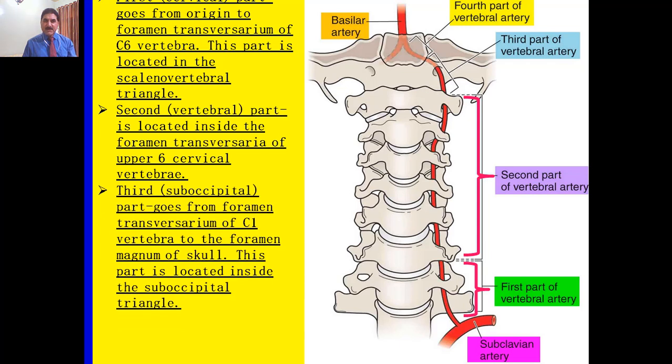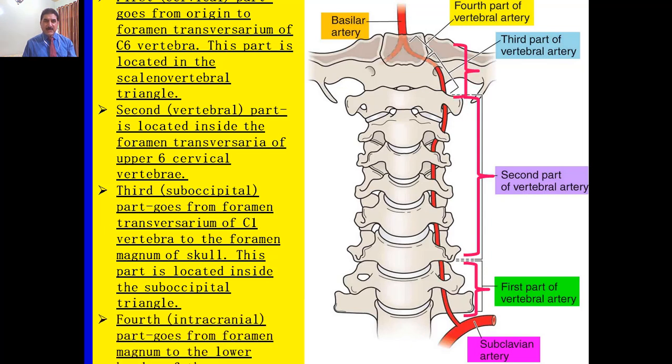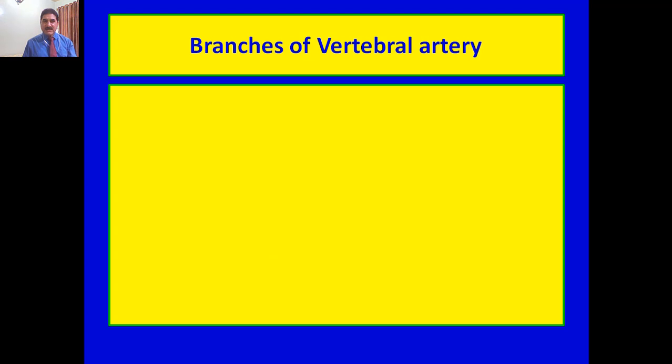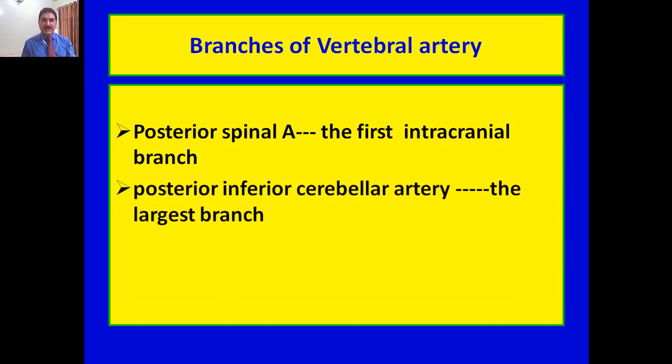The third part is called the suboccipital part, located inside the suboccipital triangle. The fourth part is also called the intracranial part. It goes from the foramen magnum to the lower border of the pons, where the two vertebral arteries join together to form the basilar artery.